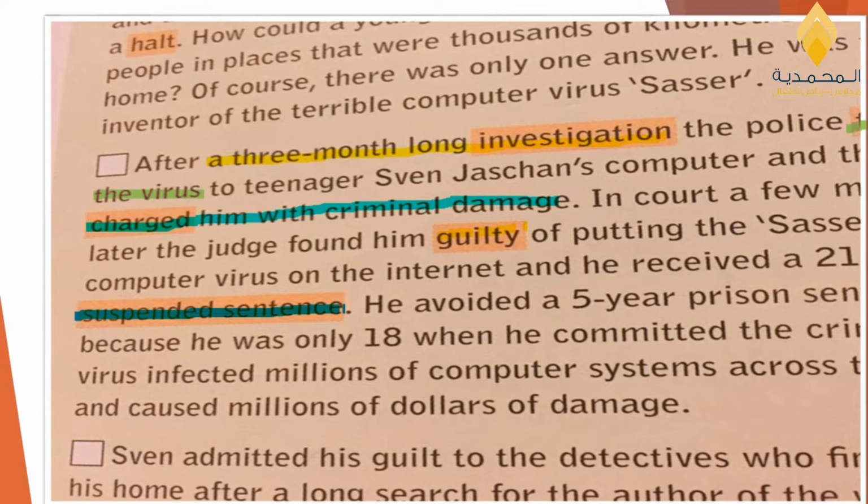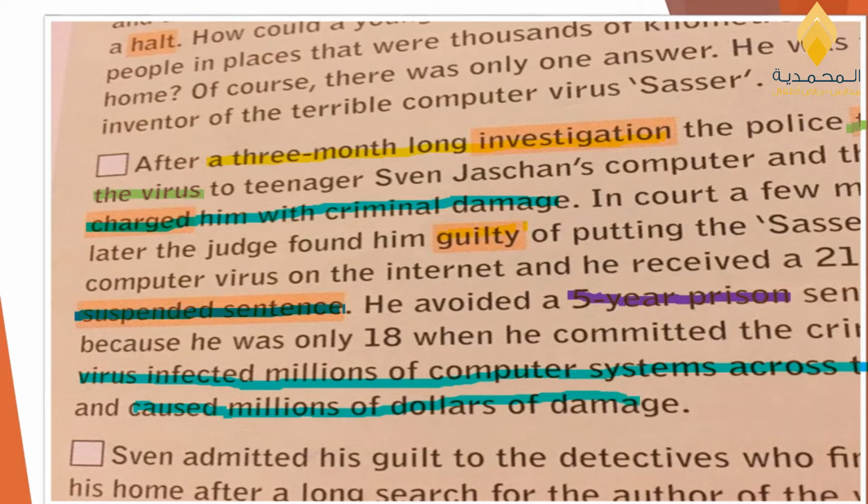That's why he escaped a 5-year prison sentence. So if he was a little bit older, he could have been imprisoned for 5 years. Finally, why was he punished? Yes, because that virus infected millions of computer systems around the world and caused millions of dollars of damage.